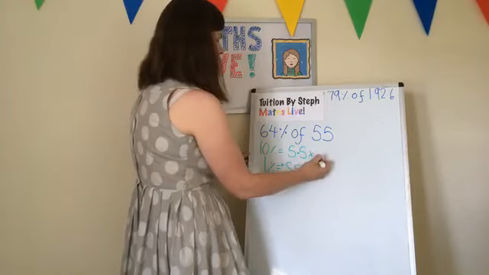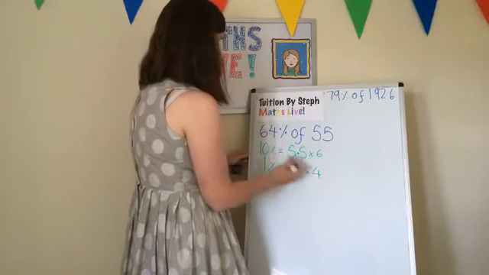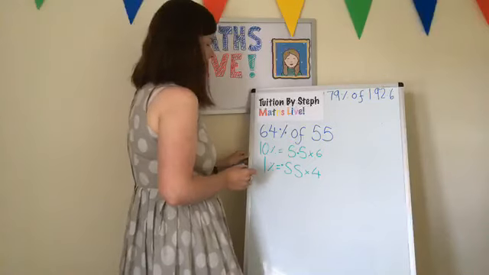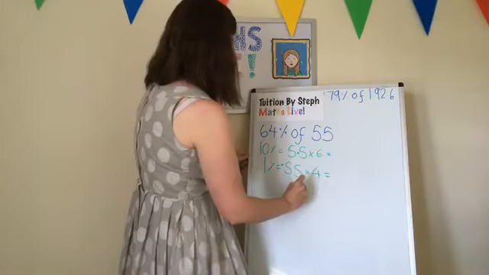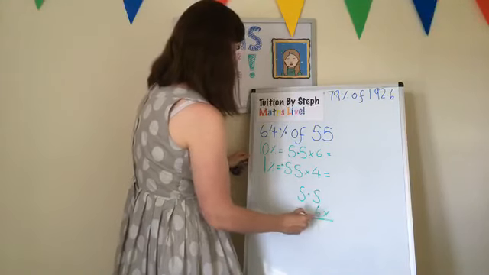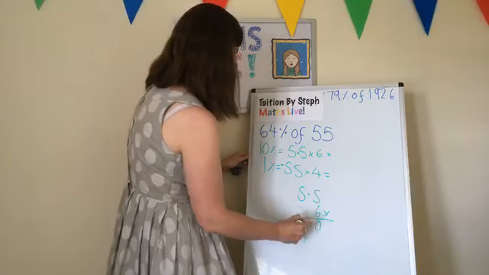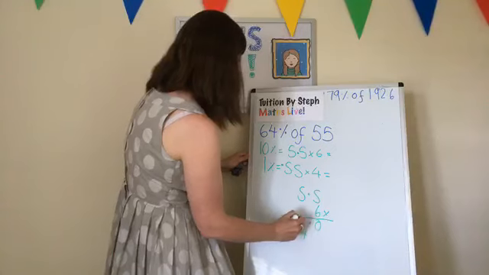I want 6 lots of this, and I want 4 lots of this because I don't want 10%, I want 60%. And I don't want 1%, I want 4%. So, 5.5 times by 6. 6 5s are 40. 6 5s are 40 again. So, that's 44.